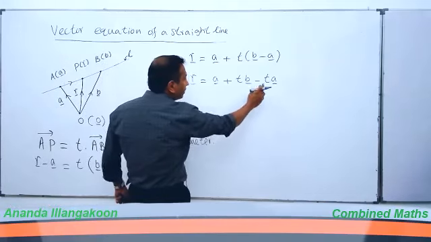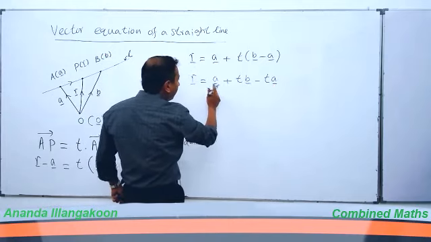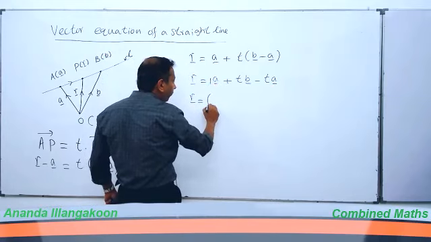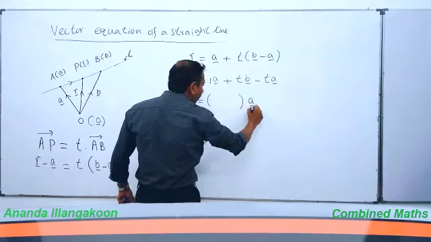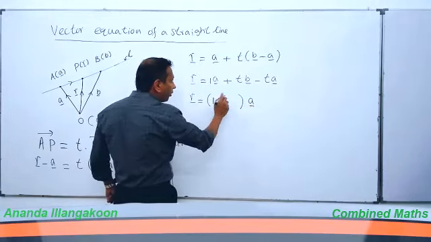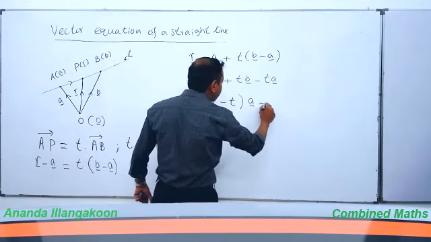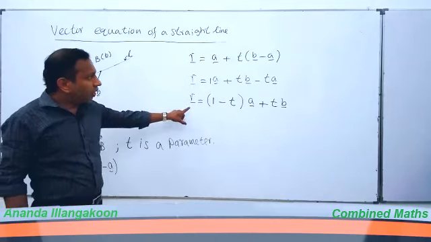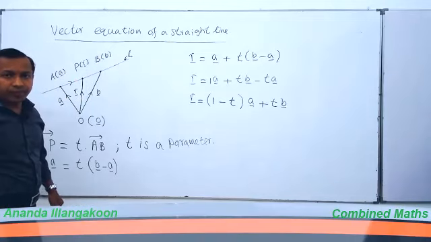Well, I can take this A and this A common, take that A out. Here A means 1A. Here A and here A you can take out. Here this is 1 minus t, and this is tB. This is one way of writing, people, the vector equation of the straight line.